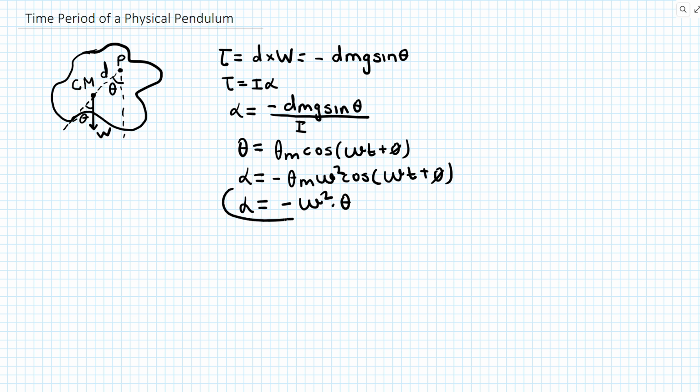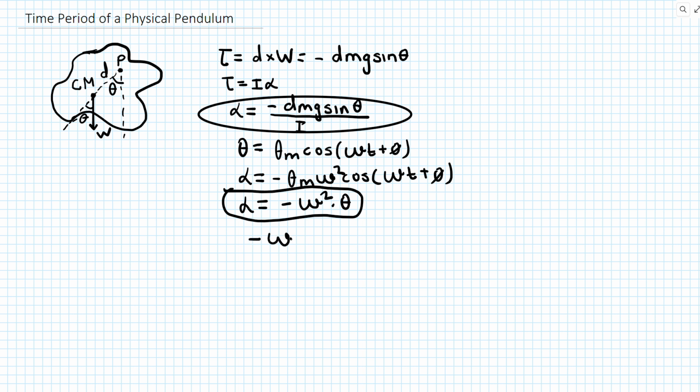So we can set this equation and this equation equal to each other to get a relation. So negative omega squared theta equals negative dmg sine theta all over I. And the reason I said small oscillations at the start is because theta is approximately equal to sine theta when theta is less than 15 degrees.